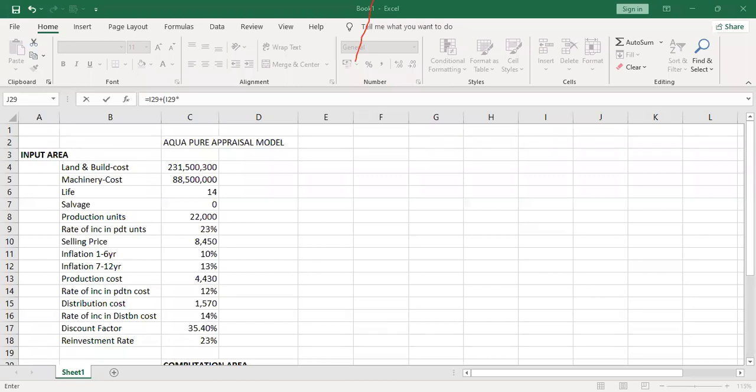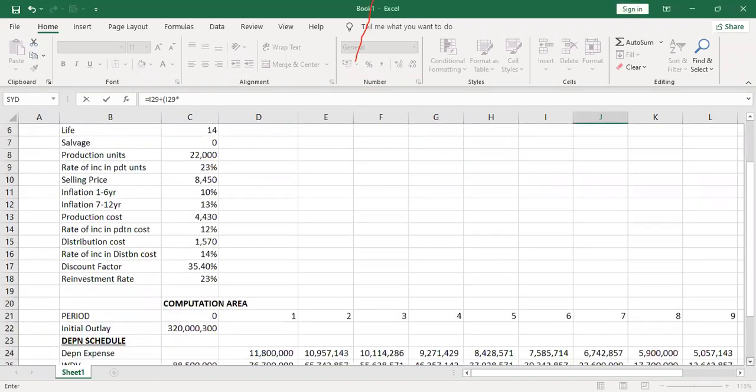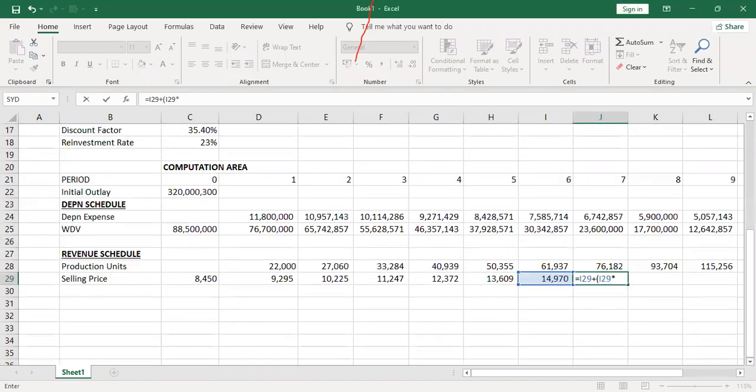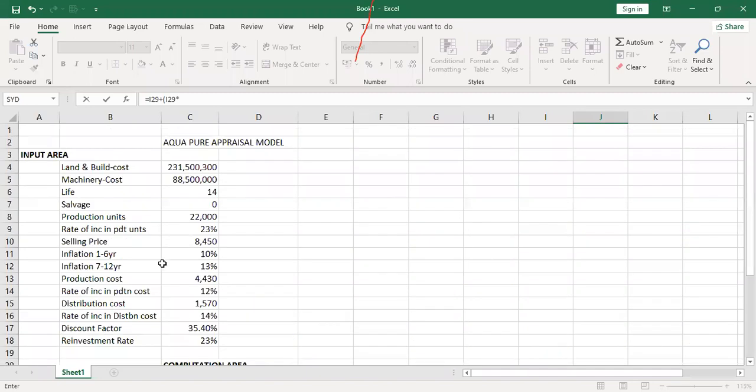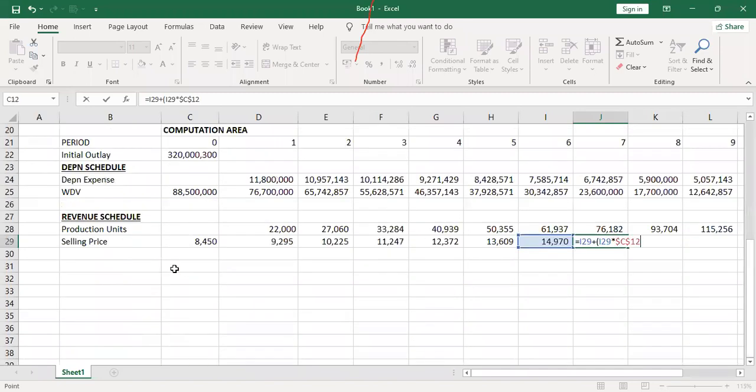I believe now we are at the same level. So times the rate of inflation in the second half of the project's life, and that inflation is 13%. F4 to fix that cell. Close the bracket and then press enter.